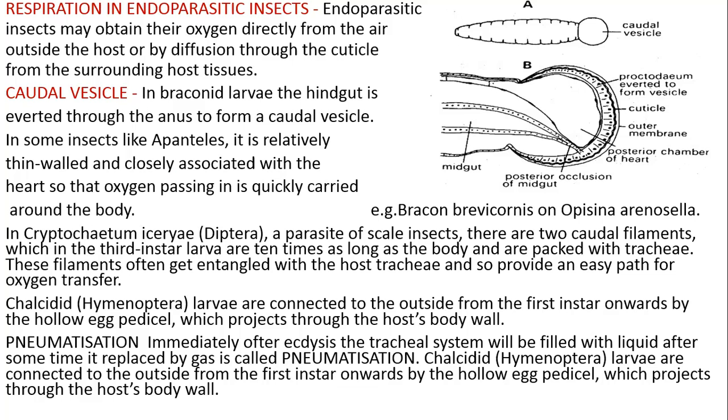In Cryptochaetum, a dipteran parasite of scale insect, there are two caudal filaments which in the third instar larvae are 10 times as long as the body and are packed with tracheae.